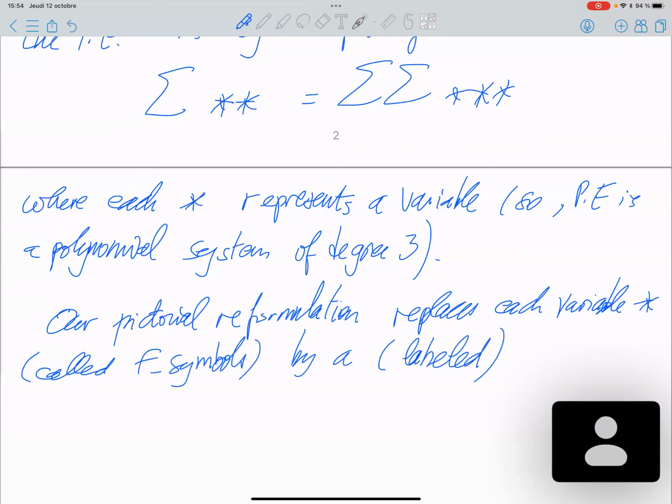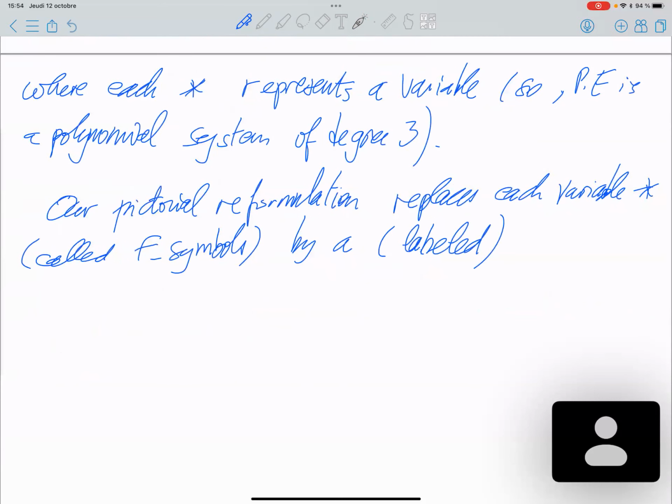I put labeled in parentheses because I will not label the tetrahedron in this introduction part. I will provide the tetrahedron without label. But when you go into the details, of course, you need to label the tetrahedron with object and morphism.